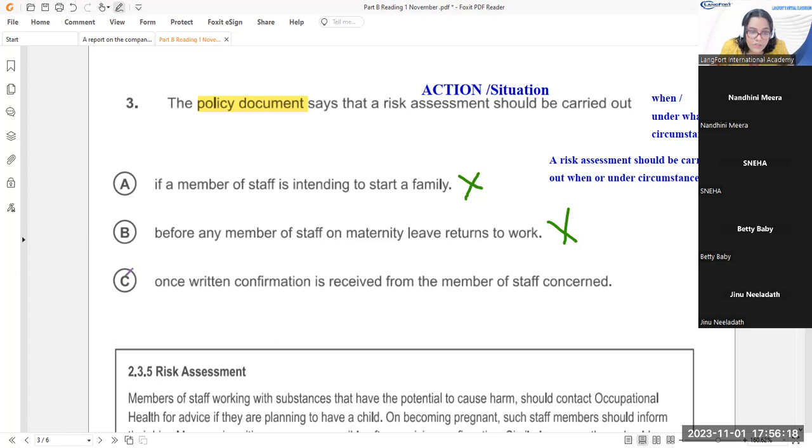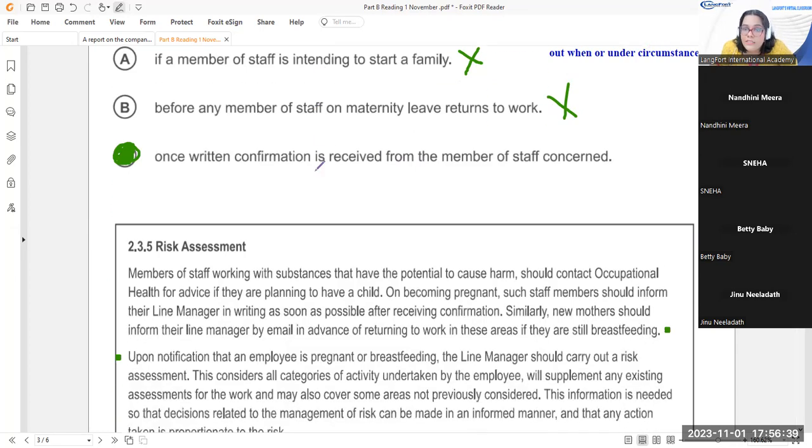So of course our answer is option C. Can you read option C for me, please, Betty, with the question? The policy document says that a risk assessment should be carried out once written confirmation is received from the member of staff concerned. Right? Once the staff member gives a written confirmation, then a risk assessment will be carried out.